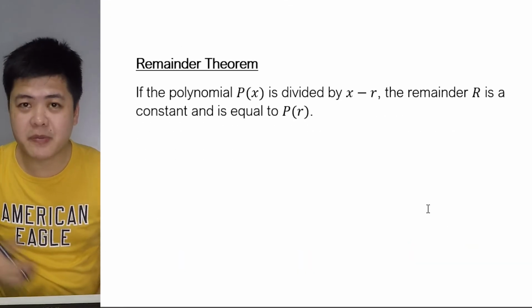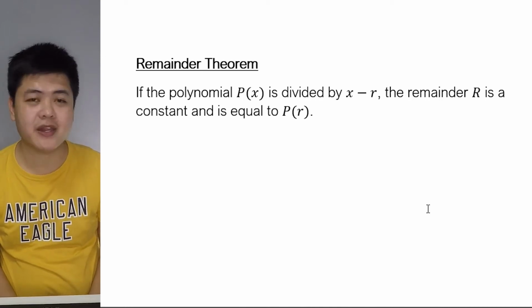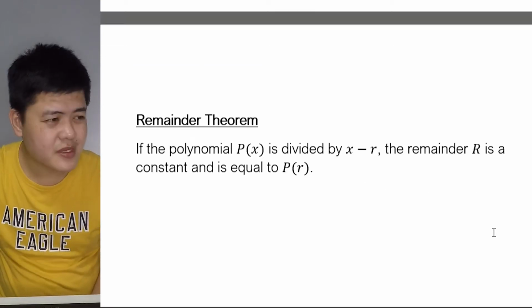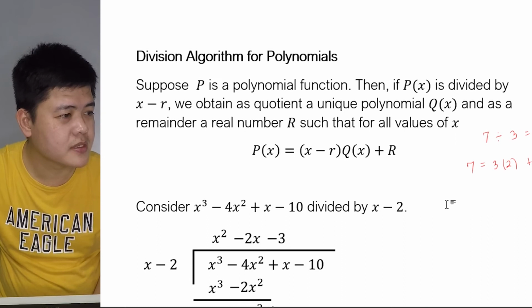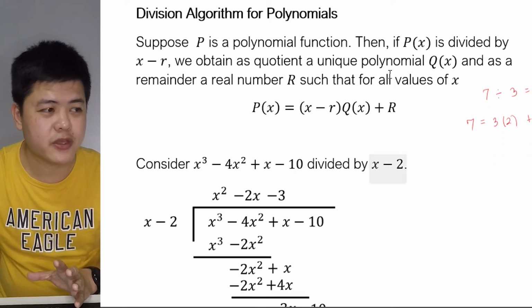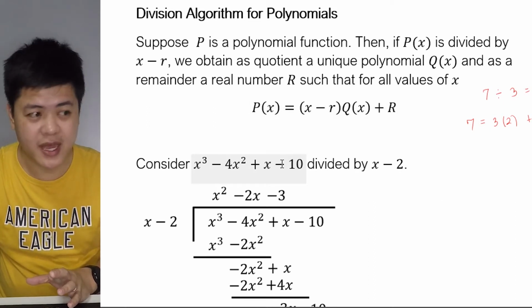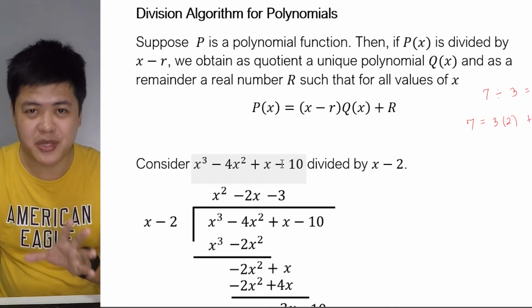Let's first have the remainder theorem. If the polynomial p of x is divided by x minus r, in the division algorithm, normally some books use d of x instead of x minus r to keep the divisor general.